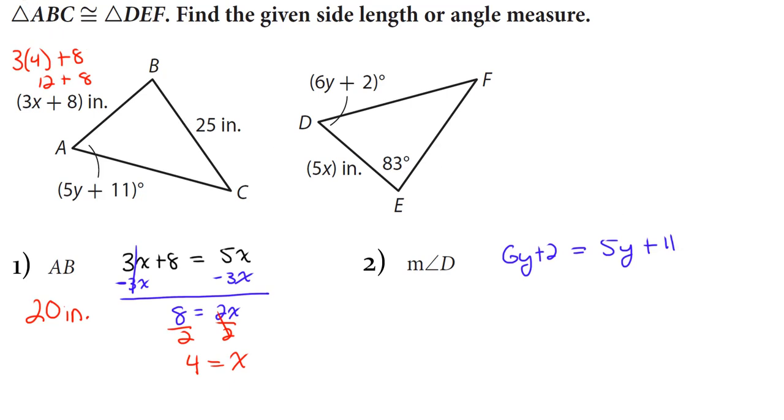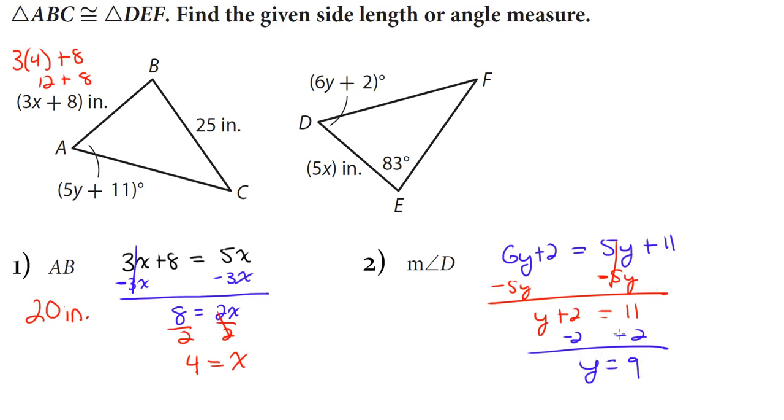And so again, I need to solve this. So I'm going to subtract variables. I'm going to subtract 5y from both sides, leaving me with y plus 2 equals 11. And then when I subtract 2 from both sides, I get y equals 9.